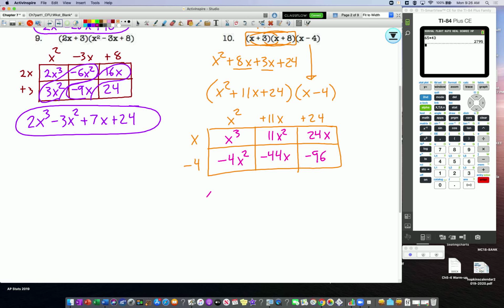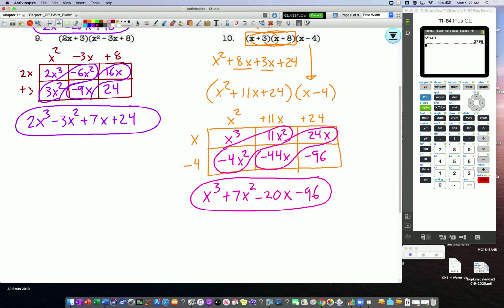Combine like terms, x cubed, then minus 4x squared and plus 11x squared. Negative 44x and 24x make minus 20x. I have minus 96. All right, that takes care of the notes.